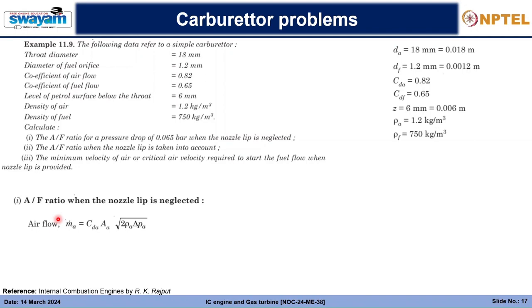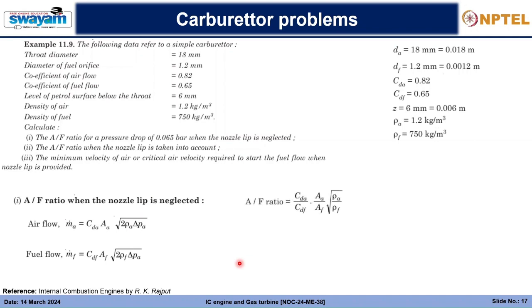By that, the equation of the mass flow rate of air is Cd_A into area of the air channel into square root of 2 rho_A into delta P_A. Are we given the value of delta P_A? Yes, for a pressure drop of 0.065 bar, that part we are given.